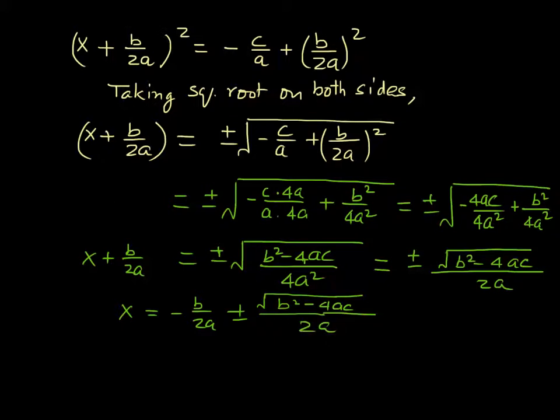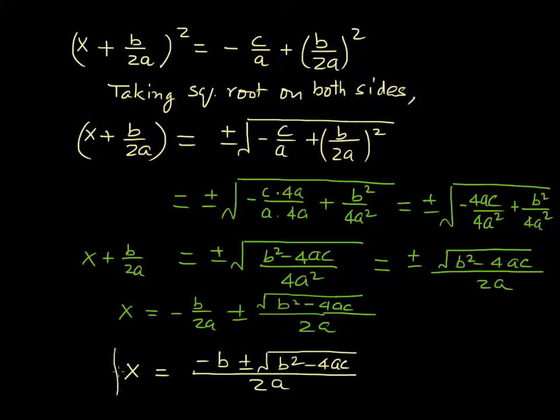So finally what we get, x equal to, now we can see the same denominators here, so we can simply write it as minus b plus minus under root of b square minus 4ac over 2a, right?